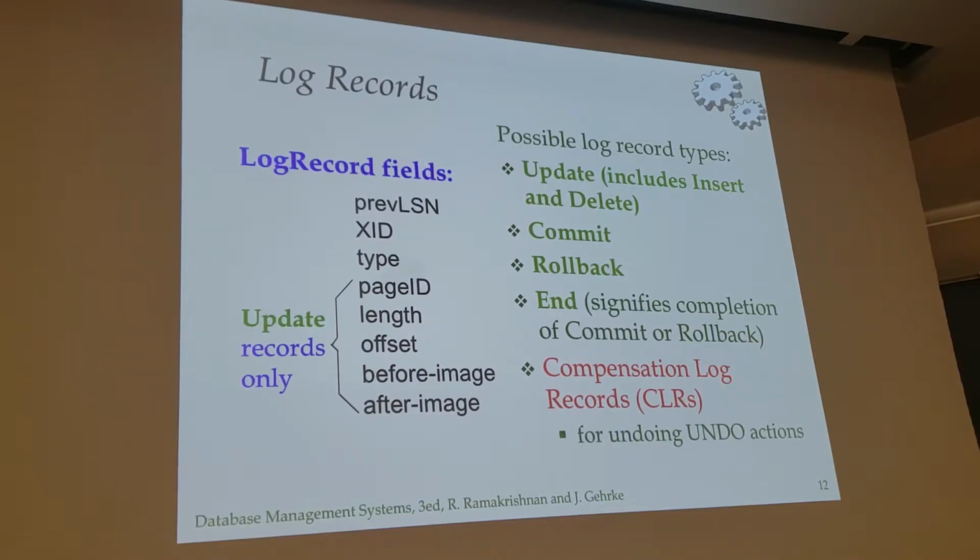It's relatively easy to write a crash recovery protocol that works if you don't have to think about what happens if you crash during crash recovery. The CLRs are there in part for handling crashes during crash recovery, and we'll see how that works in a second.